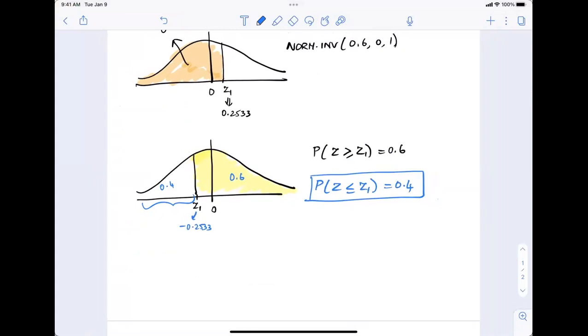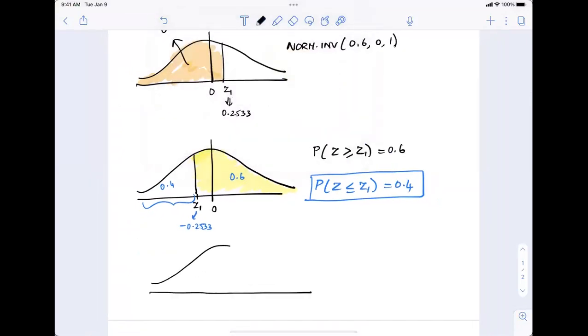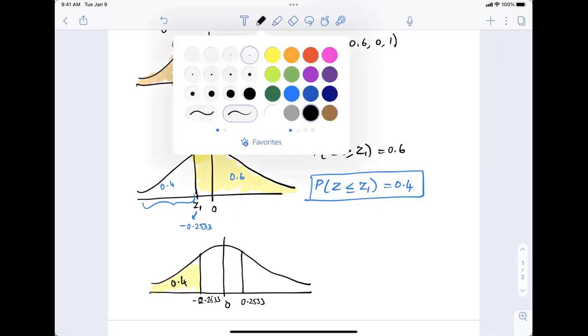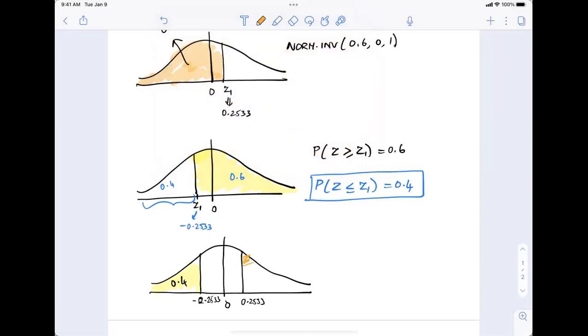Now putting these two bell curves together, if I have 0 here, and I have minus 0.2533, and I have plus 0.2533, this area is 0.4, and this area to the right, oops, sorry, area to the right of this point will be 0.4.